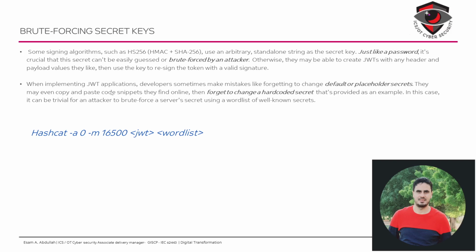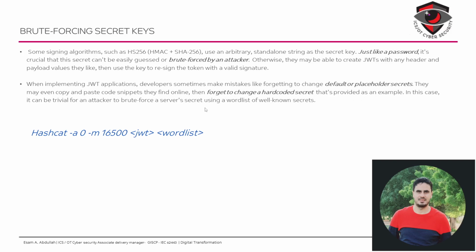Sometimes the mistakes come from the implementation of the application, or developers forget to change the default placeholder secrets. They can even copy and paste code they find online and forget to change the hard-coded secrets that were provided as an example.